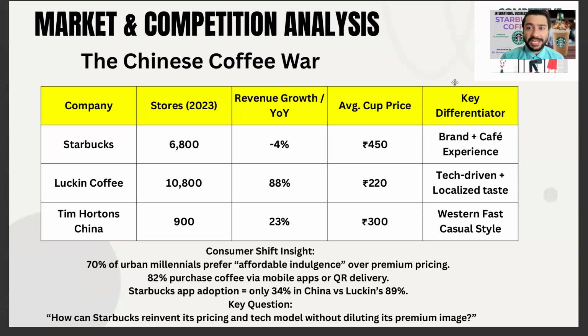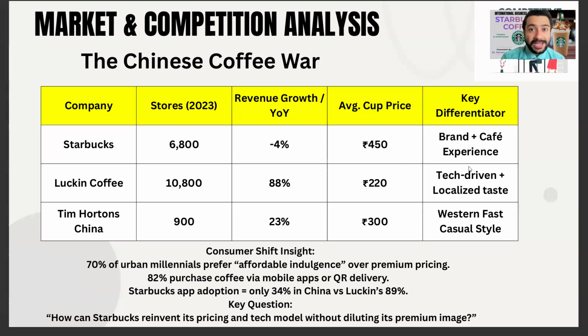The key differentiator here was the brand plus the cafe experience, but again, year on year revenue growth was negative. But Luckin Coffee, with its 10,800 stores, had 88 percent revenue growth year on year, with an average price per cup of only rupees 220.